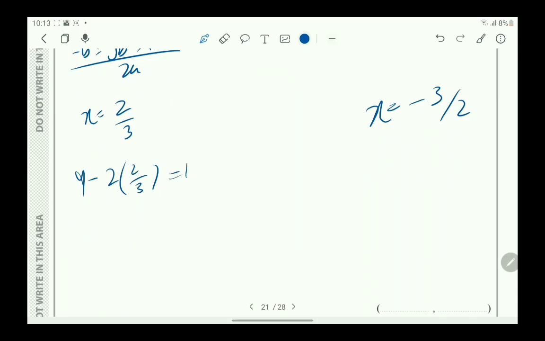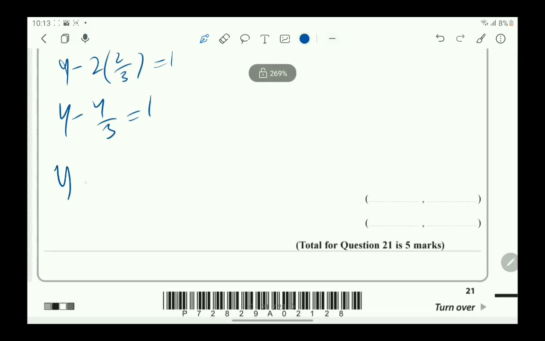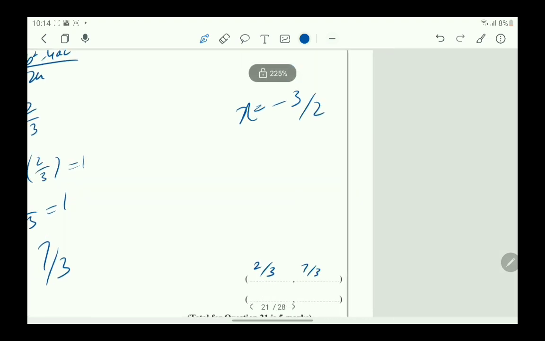So solving, 2 times 2 by 3 is 4 by 3, y minus 4 by 3 equals 1, y equals 1 plus 4 by 3, which is 7 by 3. So one set of coordinates is 2 by 3 and 7 by 3.